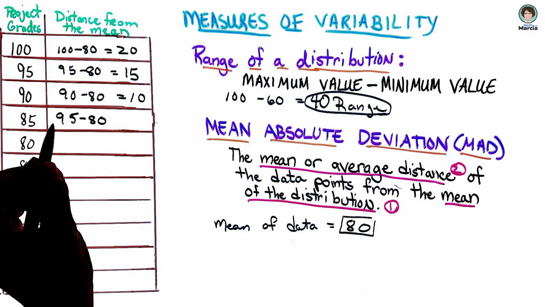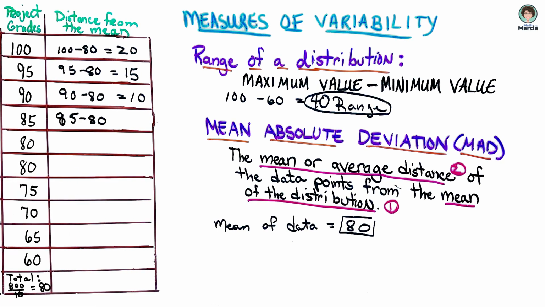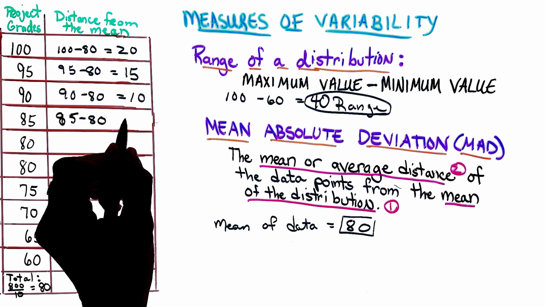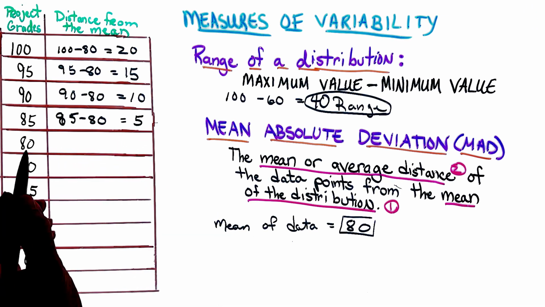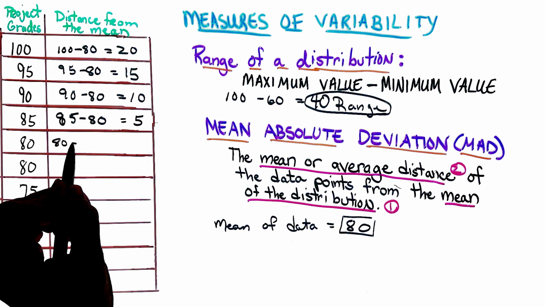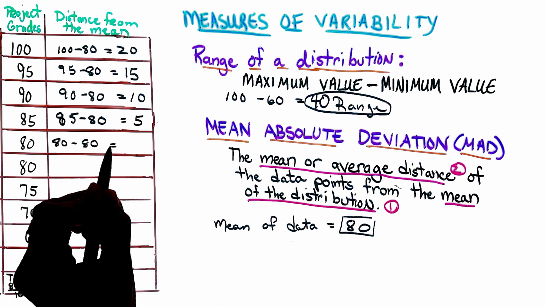And that wasn't a 95, that was an 85 minus 80, which is 5. Now I have an 80 minus an 80, which is equal to 0.